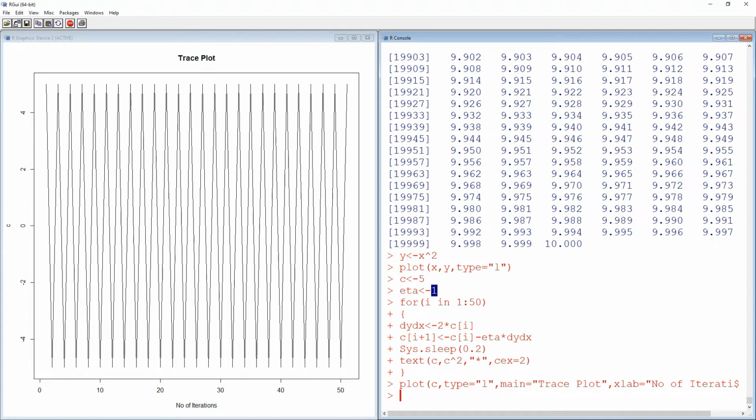I put the system sleep as 0.1, and I also put a value of 0.2, and I will play with it. At times I will change the value from 0.2 and make it 0.9.